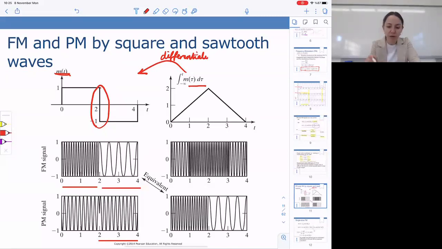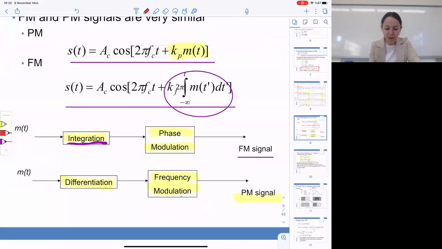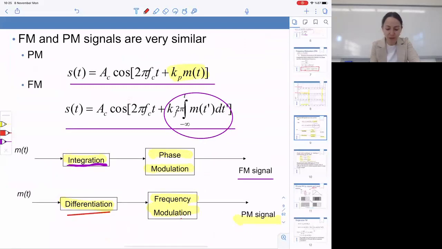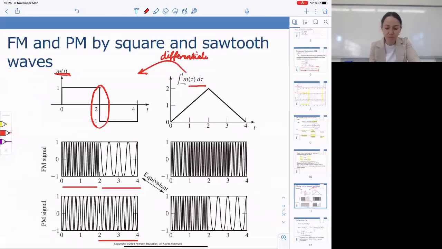So when we differentiate it and use it as frequency modulation, we should obtain the PM signal.